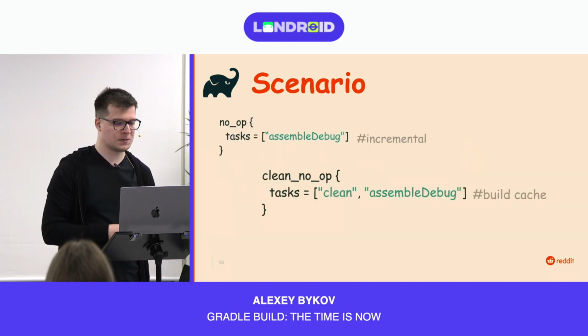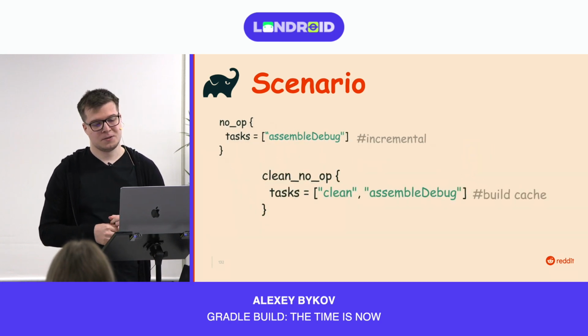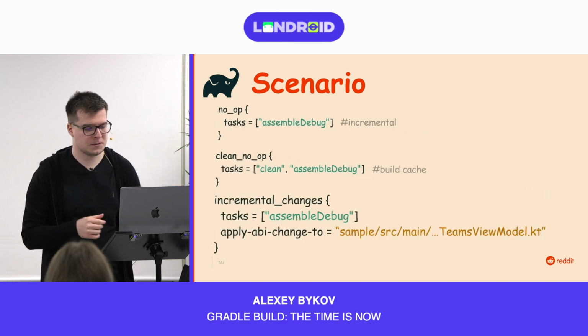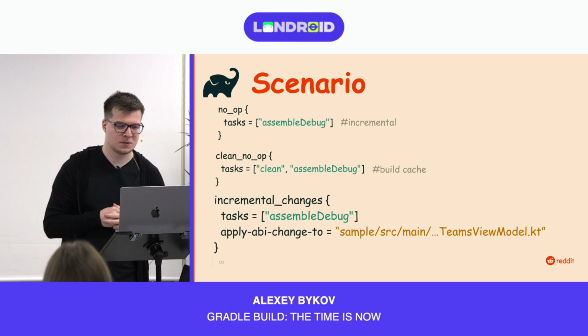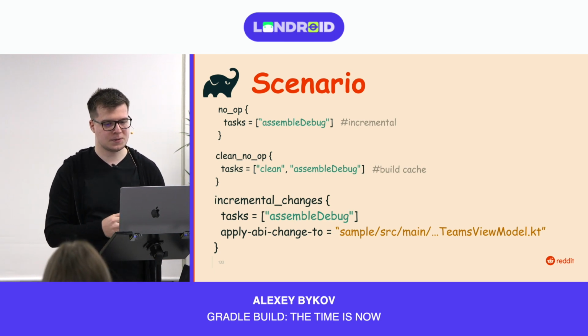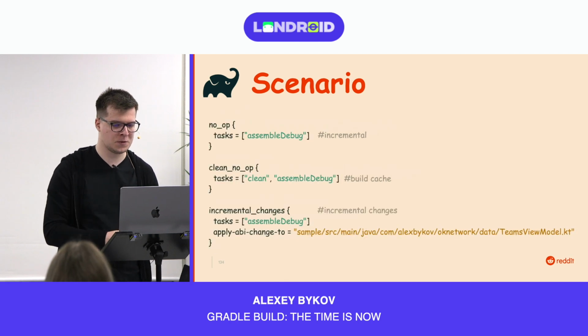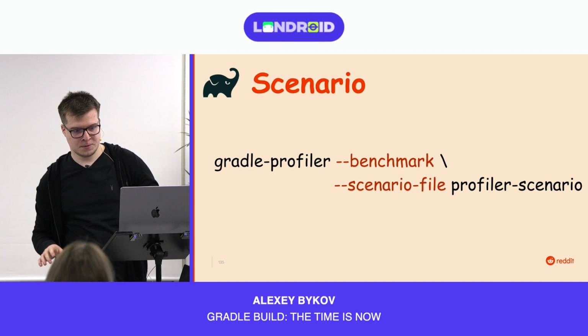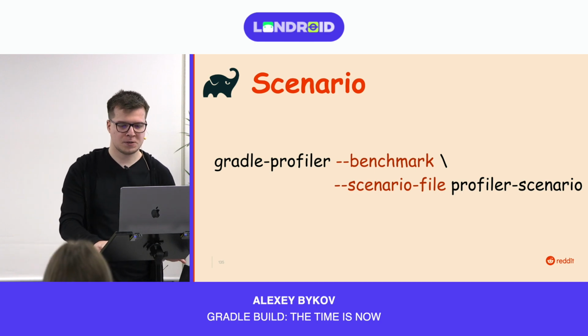Second one, it's the build cache. The third one is to see an impact from modularization. We're going to apply some changes to a particular file to build it, to see if we move in the proper direction or not. And of course, we need to measure our configuration time as well.